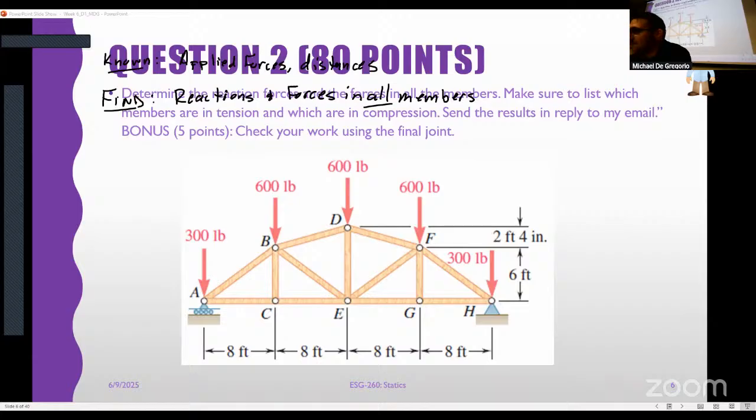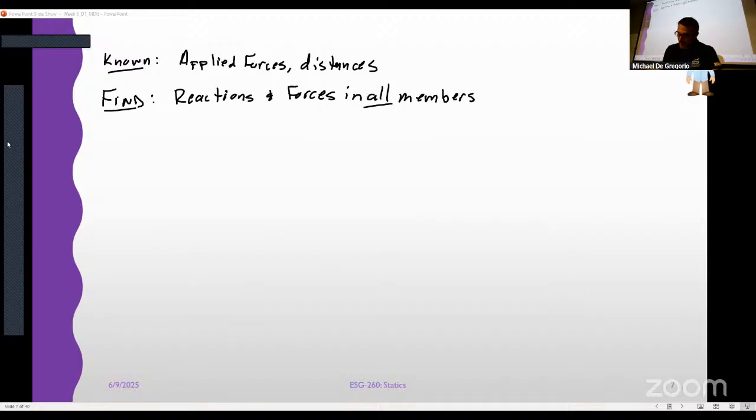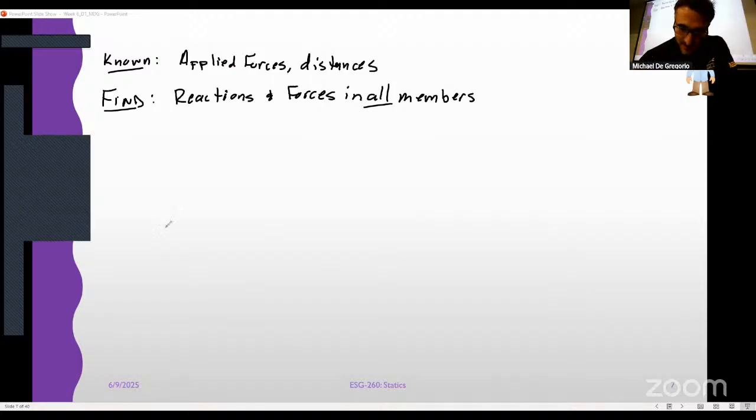So you only have to solve half of it, and then you know that the forces are the same on the other half. That was the trick. You could brute force your way through this. You could, and that would take a lot of time, and that was not the intention. But symmetry was our friend here. Let's work it out though.